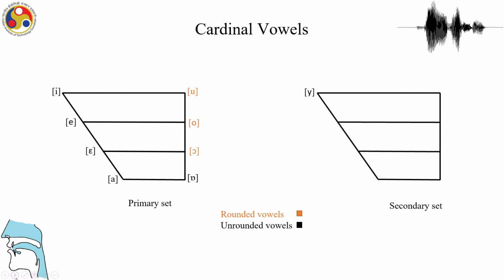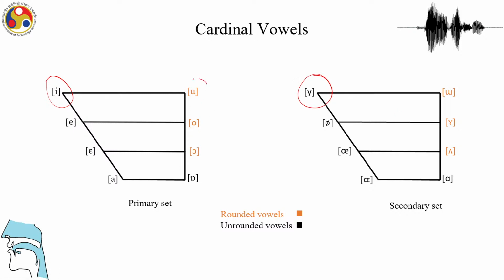And then we have the secondary set of vowels arranged in this vowel quadrangle. And we have discussed these different vowels, but that's the way we understand the quadrangle. Notice that in one set, the primary set, we have the front unrounded. In the secondary set, we have the front rounded. Okay.